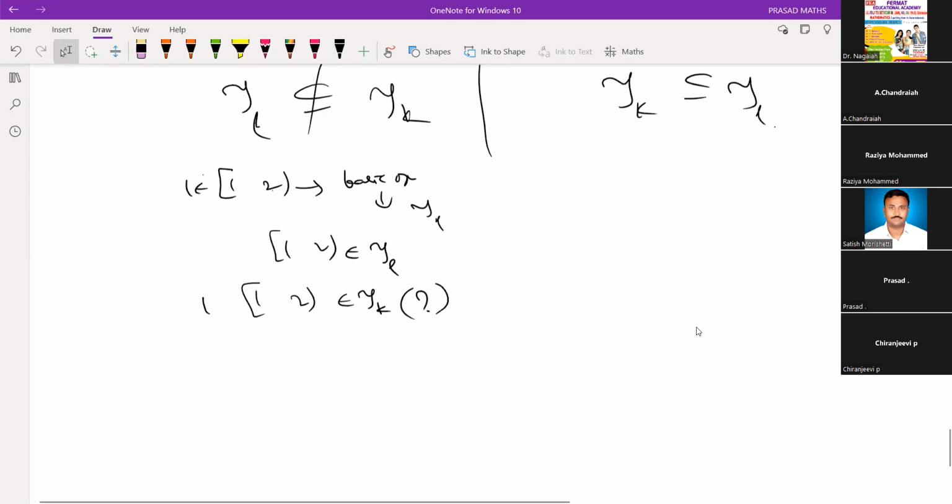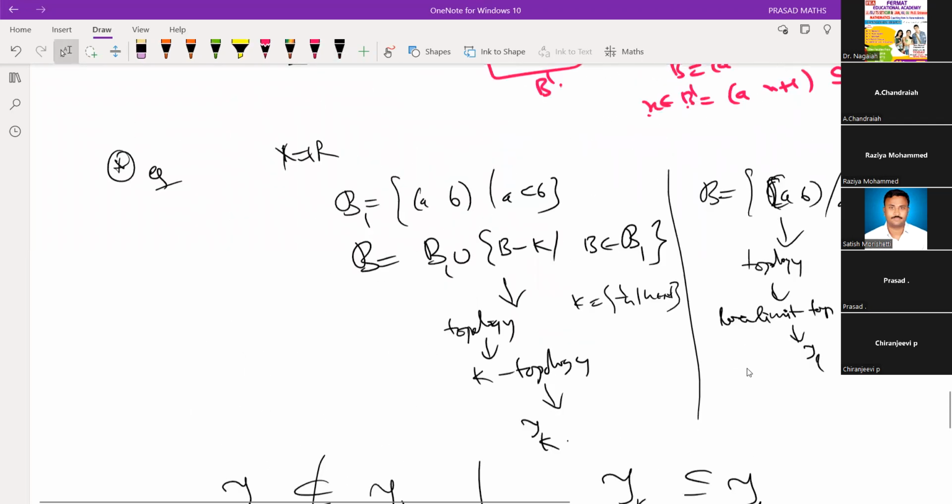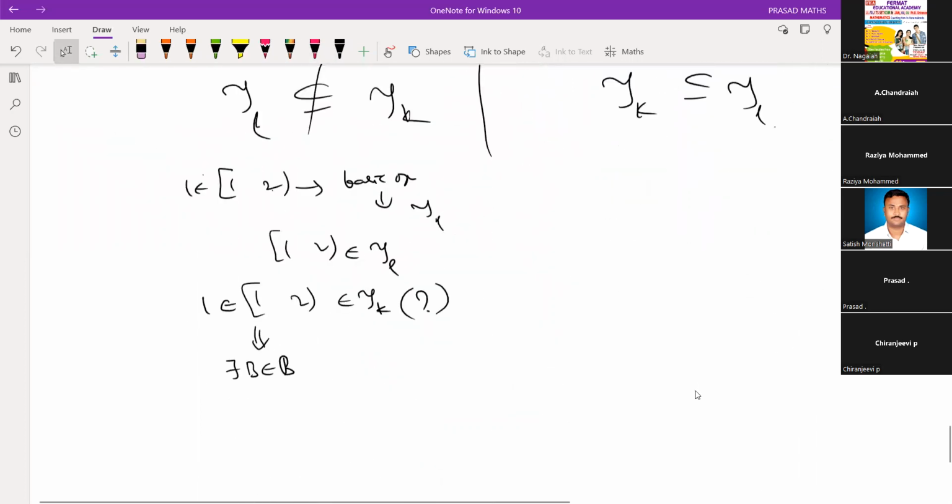Suppose it is open with respect to tau K. Then I can find a basic open set B containing 1 such that it is contained in [1, 2).